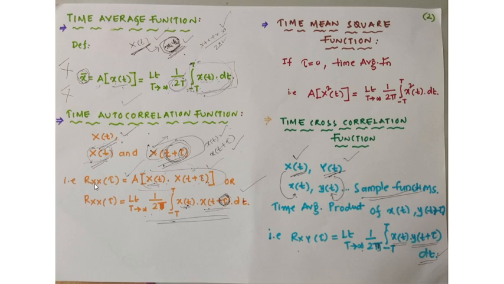The autocorrelation Rx of tau is nothing but the mean of the product of the two sample functions x of t and x of t plus tau.